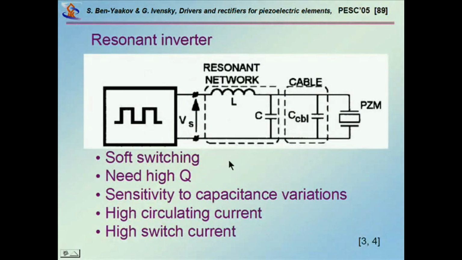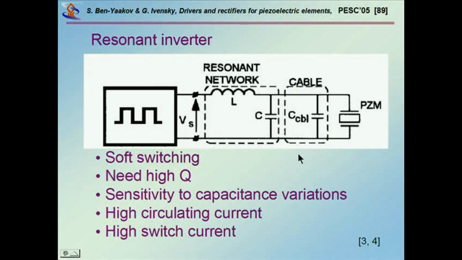The classical way of doing it is to start with a square wave, to filter it, to work very close to resonance, so that you'll have nice filtering of the square wave, and then to feed this waveform to your element, to the motor.